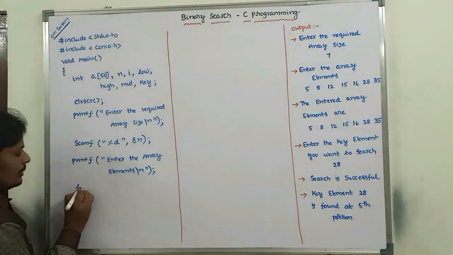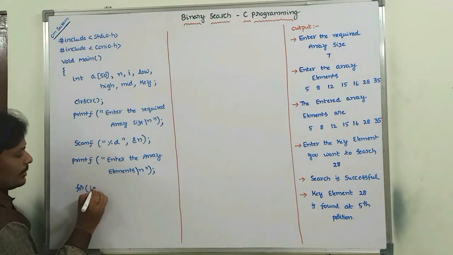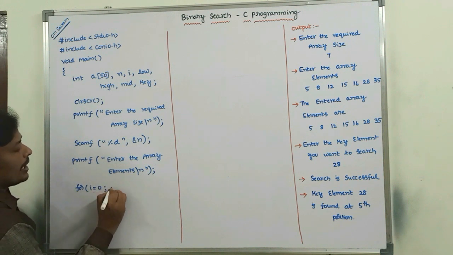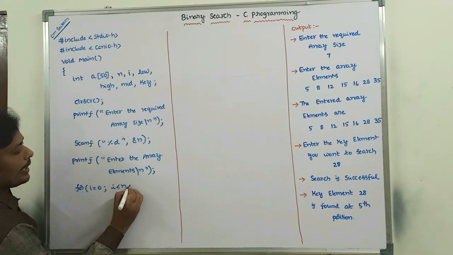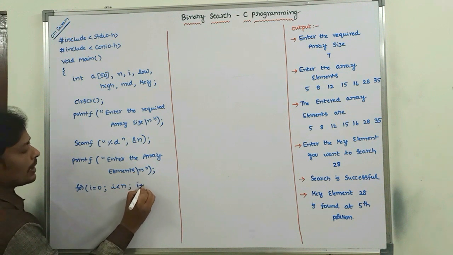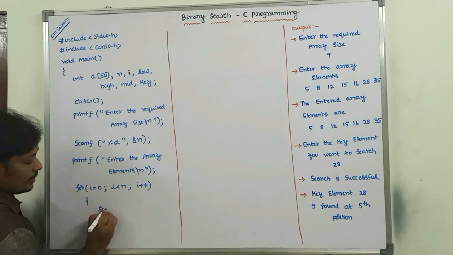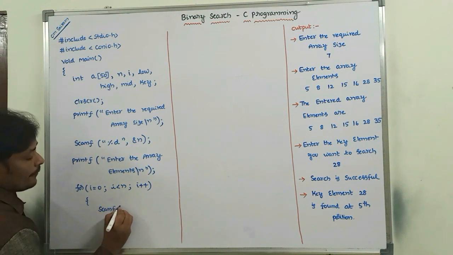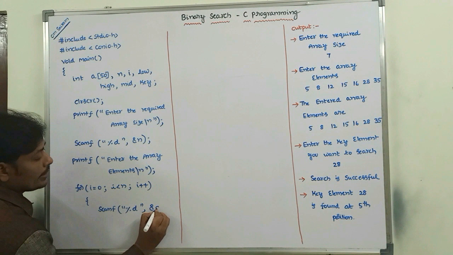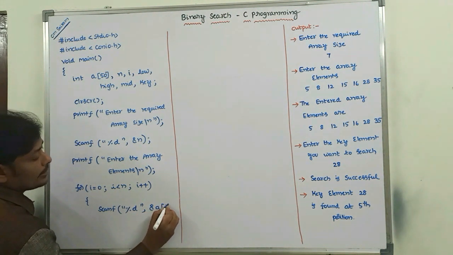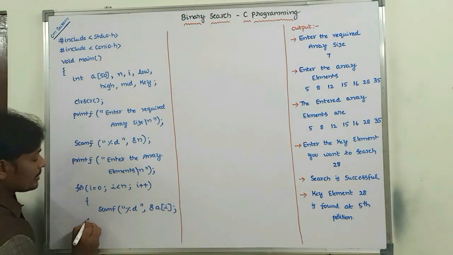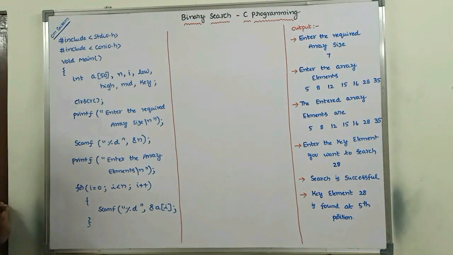So for i is equal to 0, semicolon, i less than n, semicolon, i plus plus. i is the loop variable. So scanf, %d, double quotes and comma, ampersand a of i. So array elements are read from the keyboard by using a for loop and the scanf function.